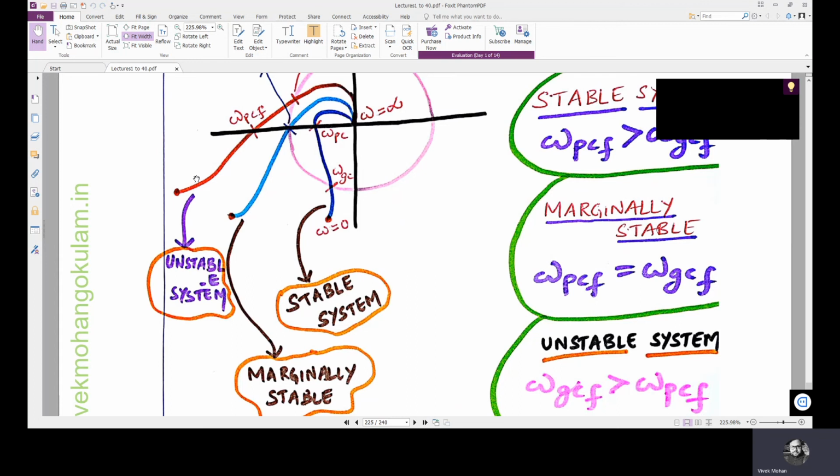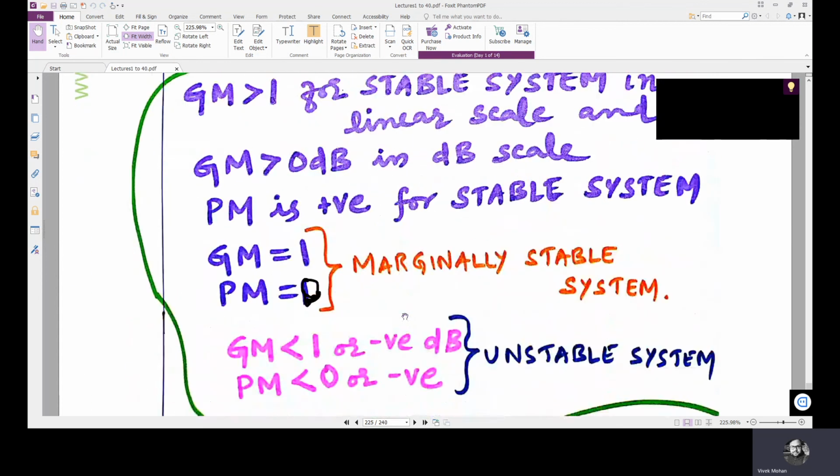Now you have the third system, which is an unstable system. For an unstable system, gain margin is less than 1, and 20 log of a value which is less than 1 will be negative. So it is negative in terms of decibels, and phase margin is less than 0.